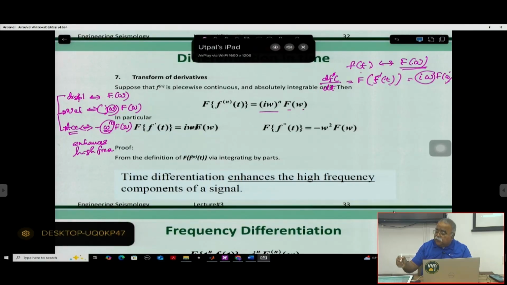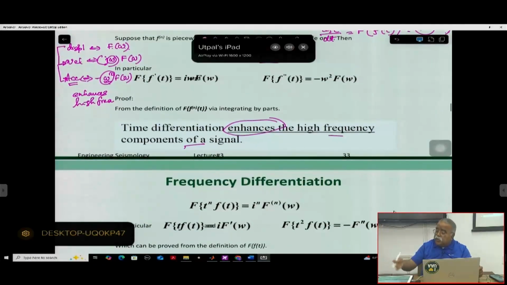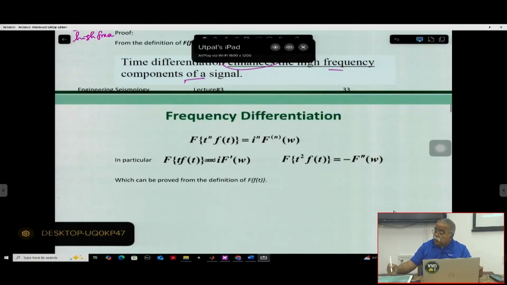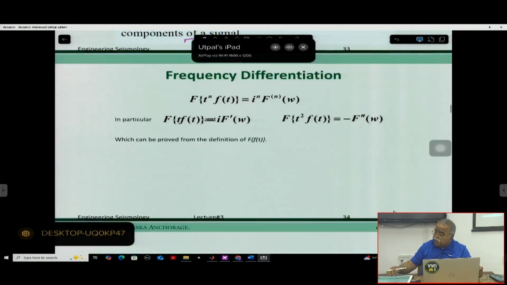So if your displacement pulse has a frequency content, then your acceleration pulse will have more high frequency values. Okay, so time differentiation enhances the high frequency component. So the noise will increase if you take a differentiation of the signal, right? So that's the proof for the differentiation.